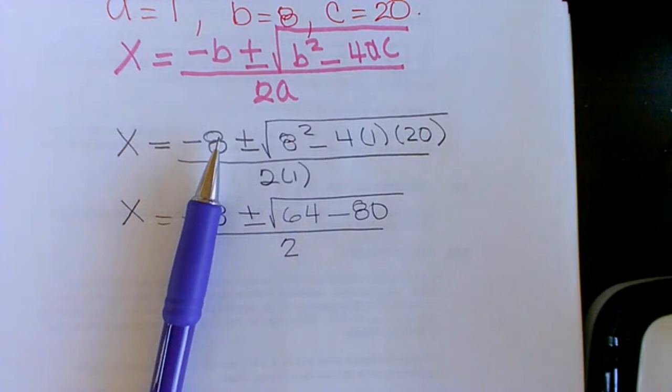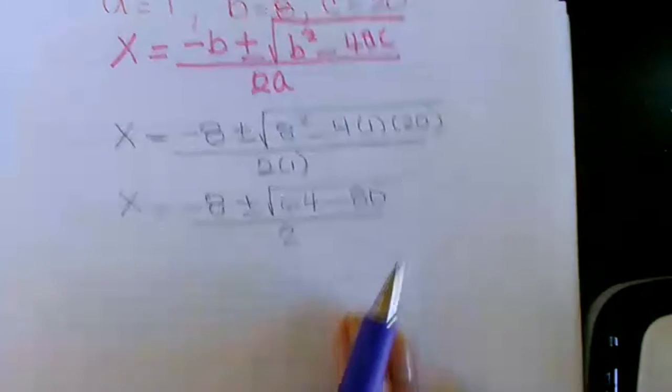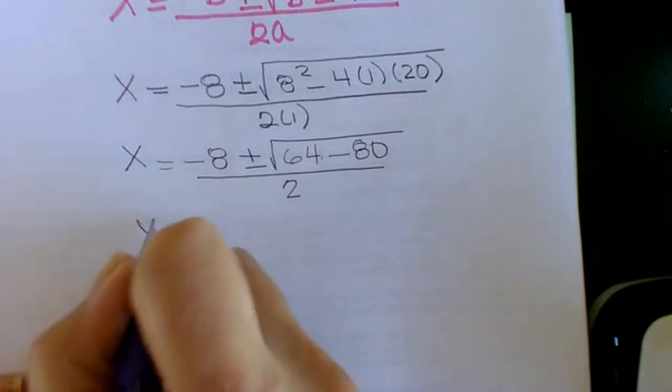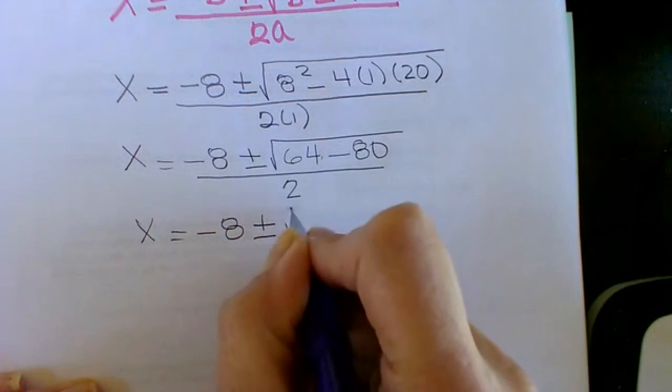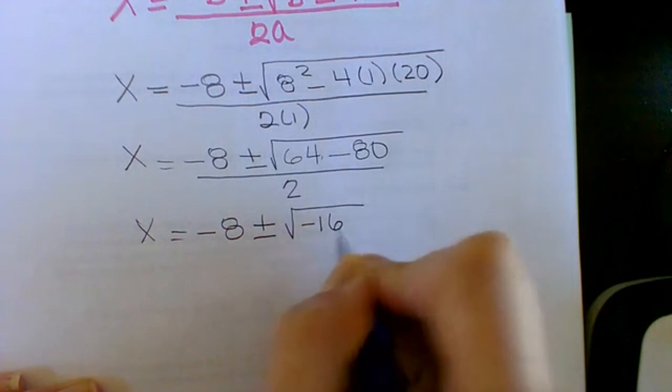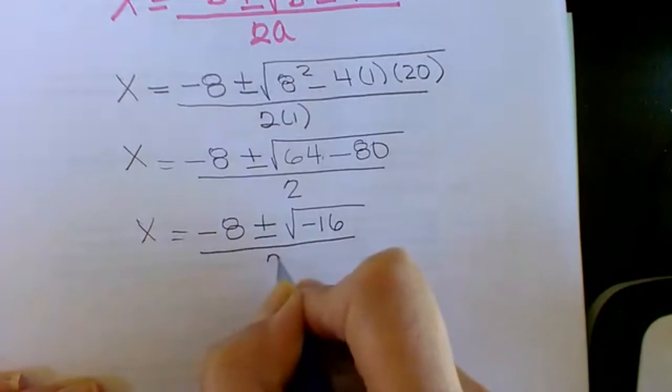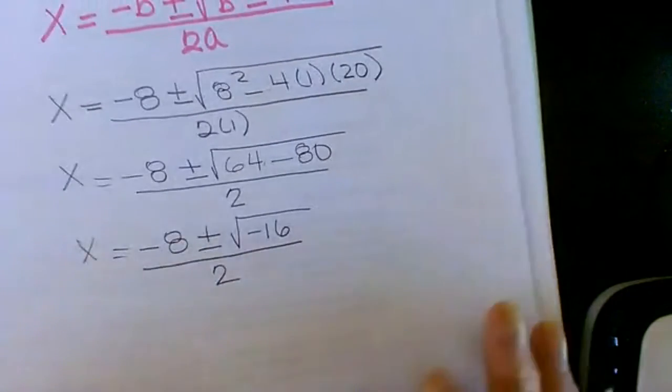So here we go. We got the negative there. So it's going to be negative 8 plus or minus the square root of negative 16, over 2. Right?